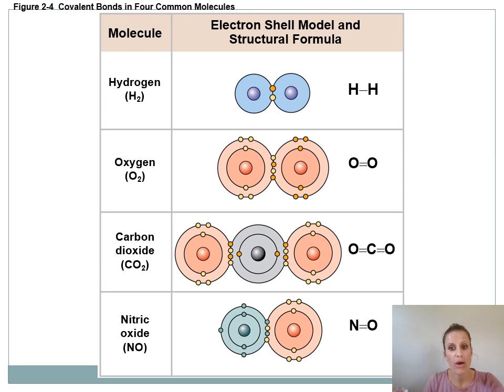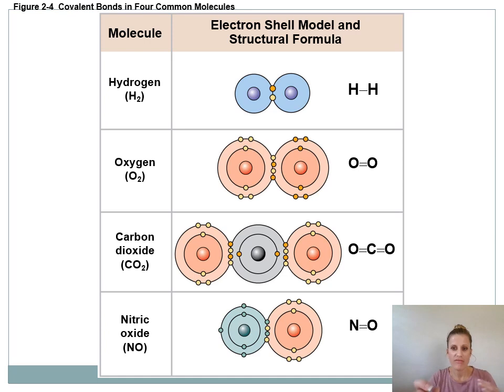Now, if you think about hydrogen, remember, each hydrogen has one electron. So he has his nucleus in the middle like this, and then his first electron shell has one electron in it. And remember, that first shell holds two electrons.